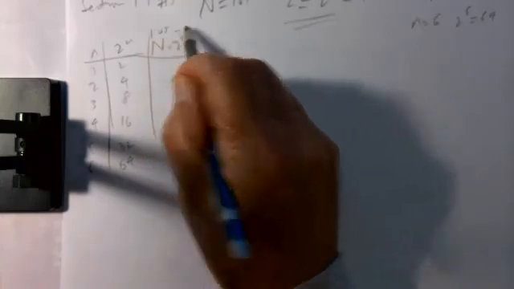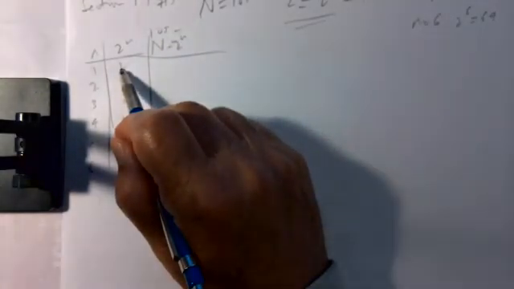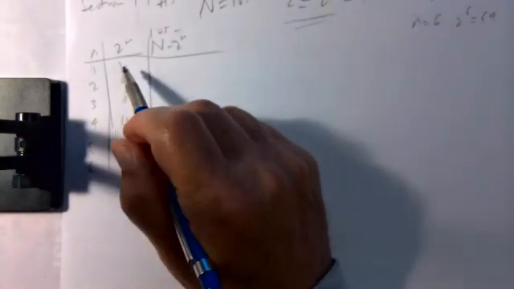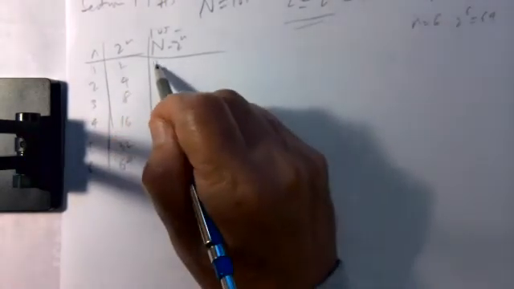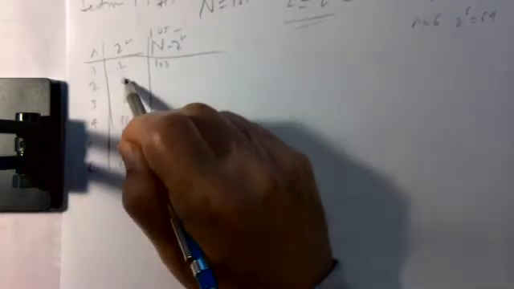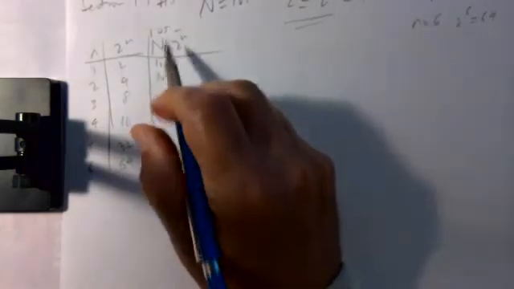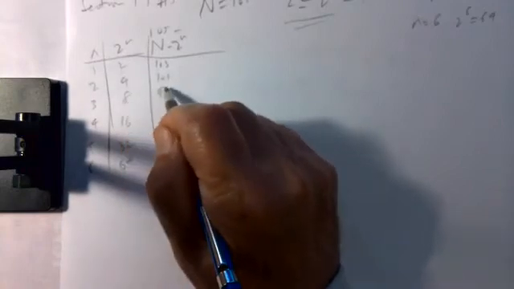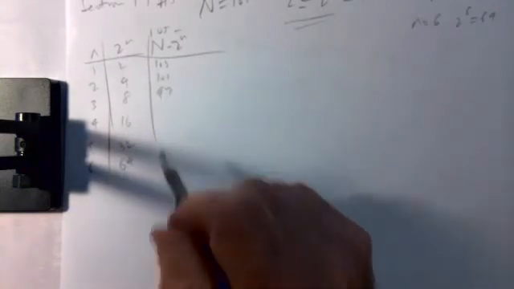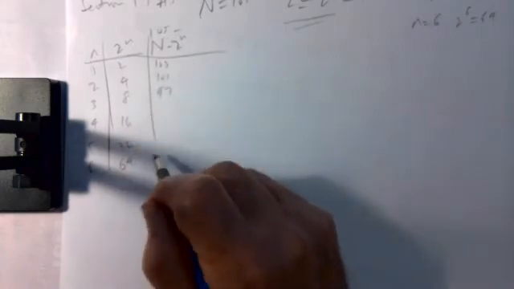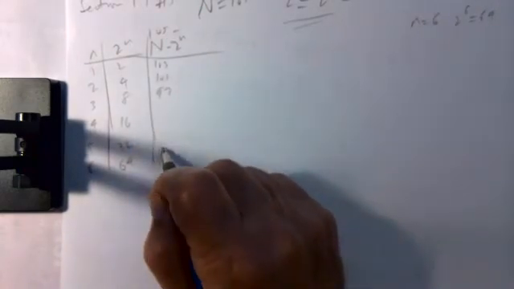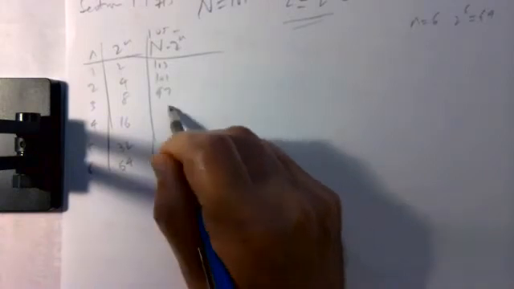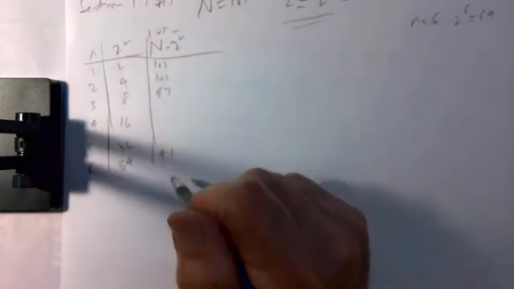And n minus 2 to the n, which is 105 minus 2 to the n: 105 minus 2 is 103. 105 minus 4 is 101. 105 minus 8 is 97, I think, and so forth. 105 minus 64 is 41. And so just check that these are all primes.